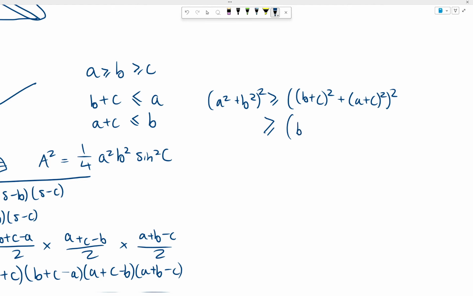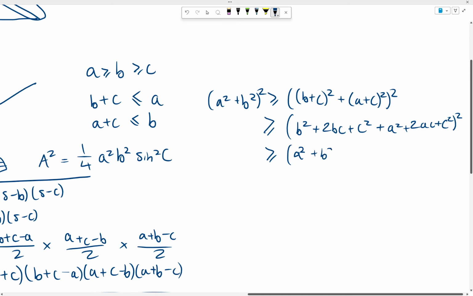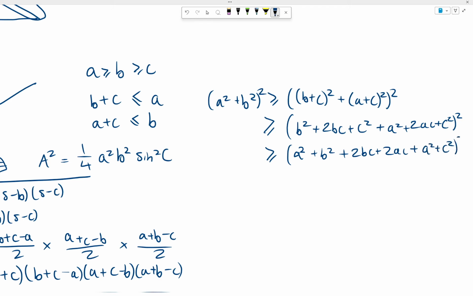So that is b squared plus 2bc plus c squared plus a squared plus 2ac plus c squared, all squared, is greater than or equal to a squared plus b squared plus 2bc plus 2ac plus a squared plus c squared, all squared.